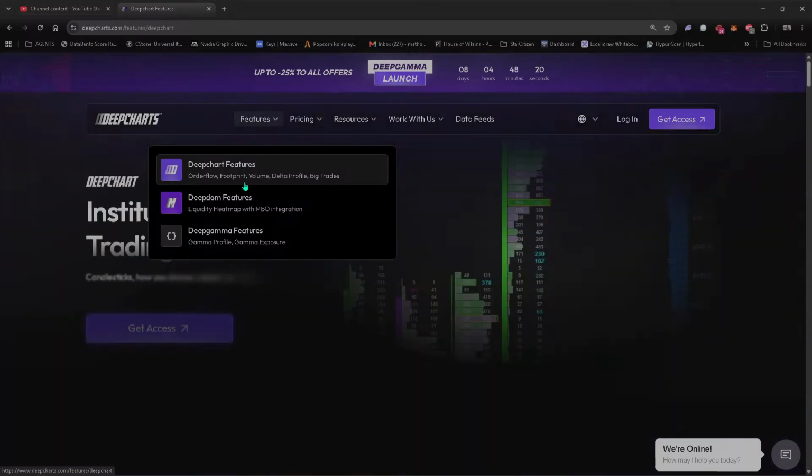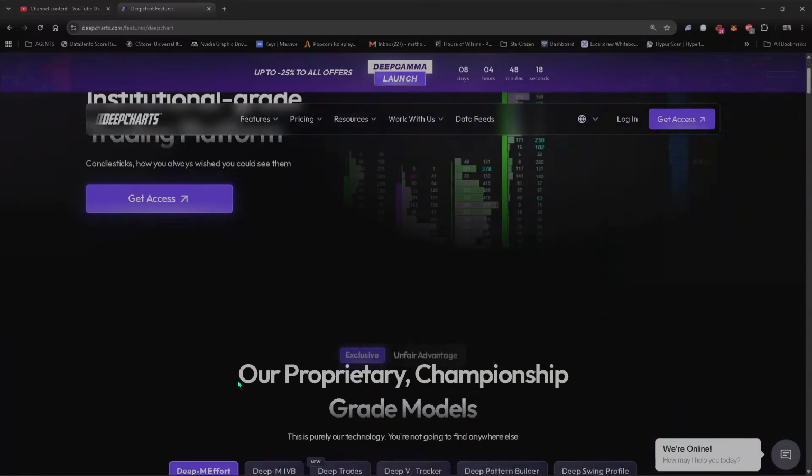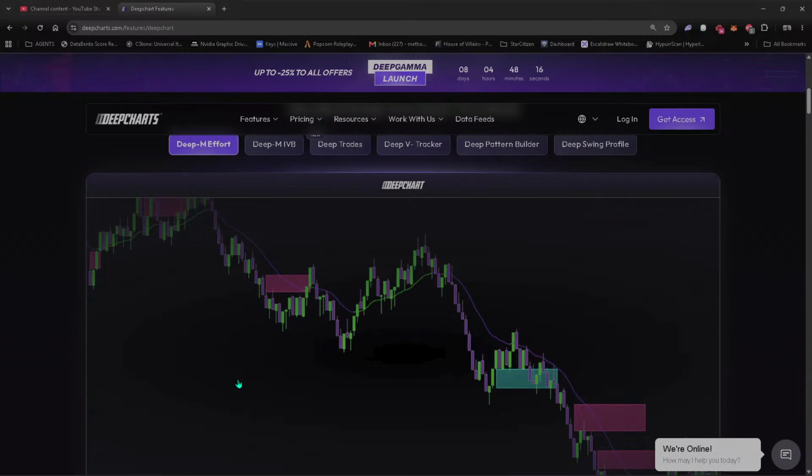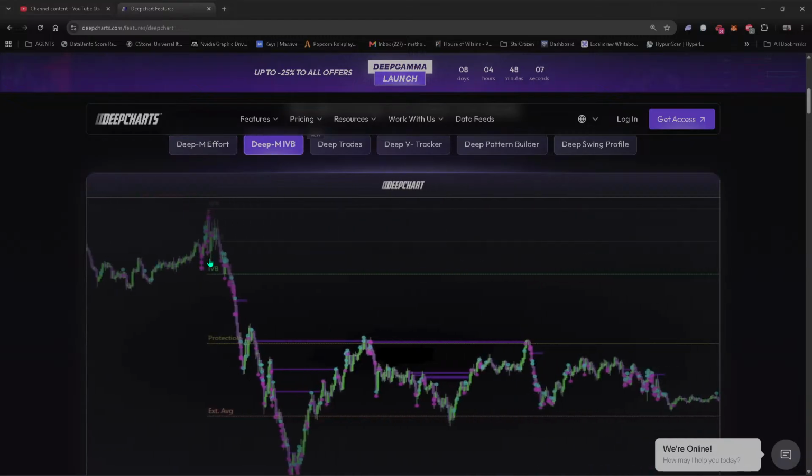Some of the features you can see, if you're a scalper, you can see where a lot of effort has happened and maybe to step in again. It has some pretty cool initial balance overlay indicators and things like that that can show you where different levels are for the day.